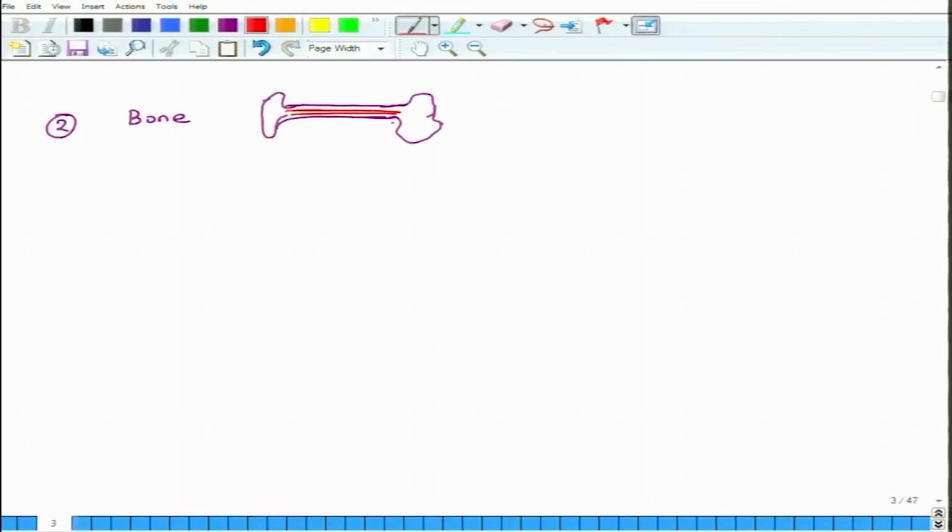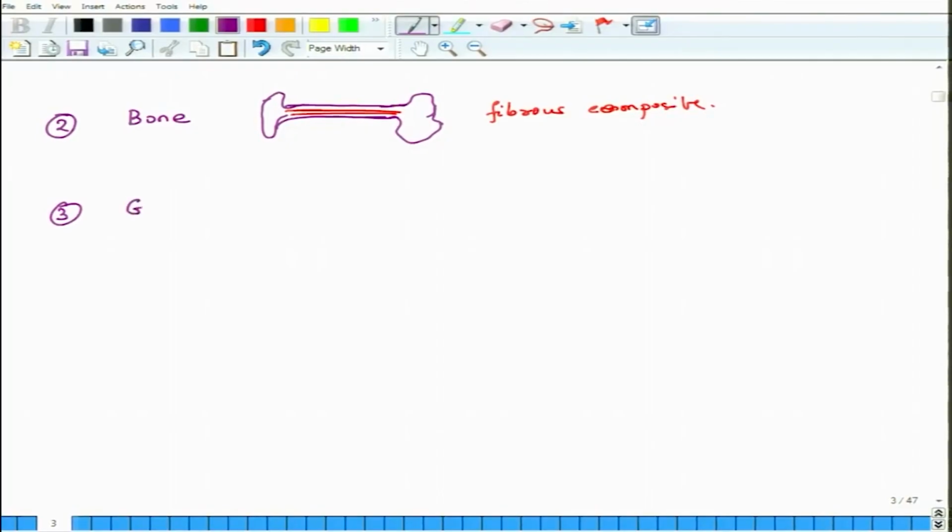So, there are fibers running along the length of the bone, and then it is immersed in a soft organic matrix. So, again this is also something like a fibrous composite. I will go with one more example. This is again a natural composite, and within natural composites it has fibers. So, we can call it a natural fibrous composite.